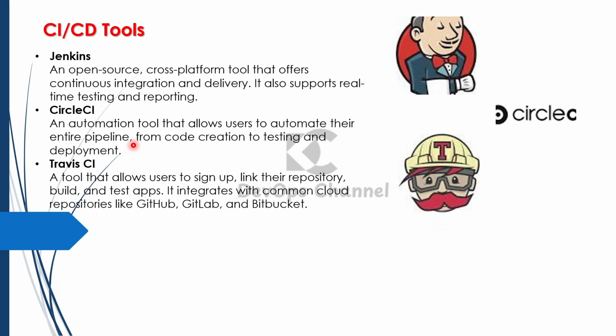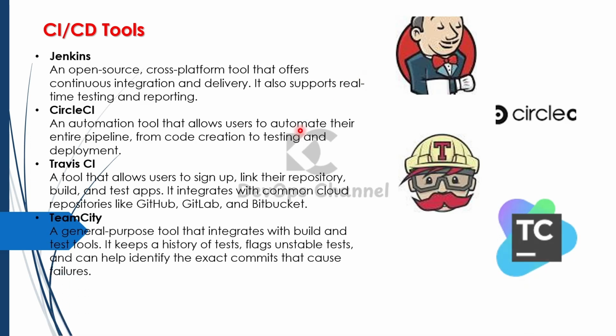Next we have Travis CI, a tool that allows users to sign up, link their repository, and build and test apps. It integrates with common cloud repositories like GitHub, GitLab and Bitbucket. Jenkins also integrates with SCMs like GitHub. Next is TeamCity, a general purpose tool that integrates with build and test tools.